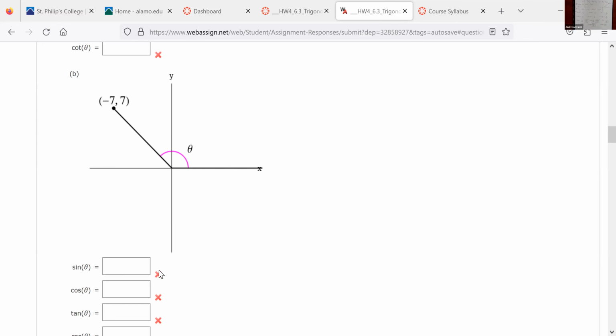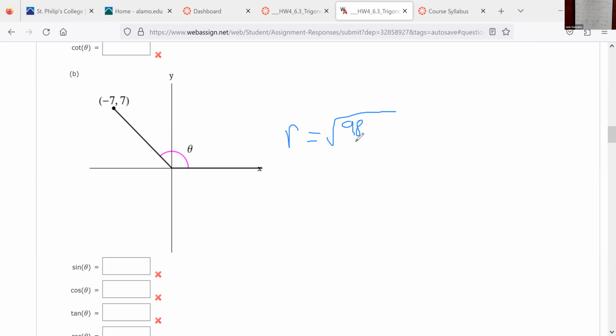Okay, so you would find the r the same exact way. So r would be equal to the square root of 7 squared plus 7 squared. I don't know what that is. What's 49 times 2? Is that 98? Yeah. So then you'll have sine. This may reduce though.